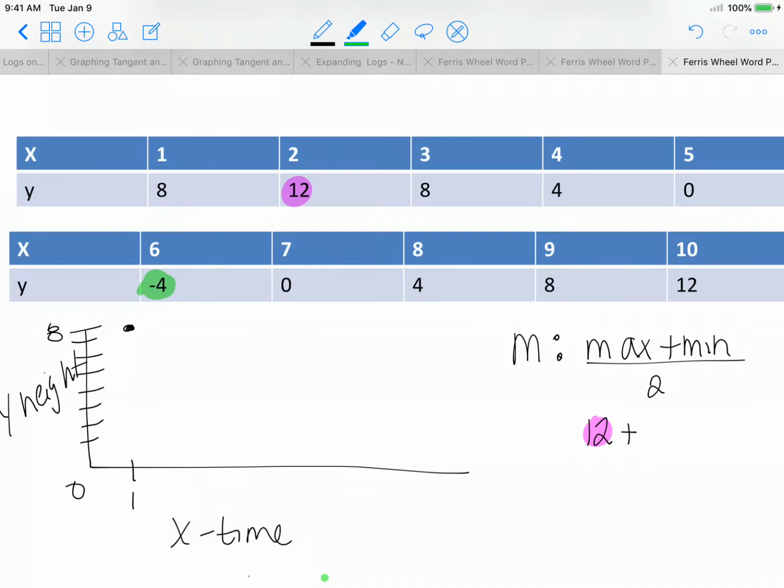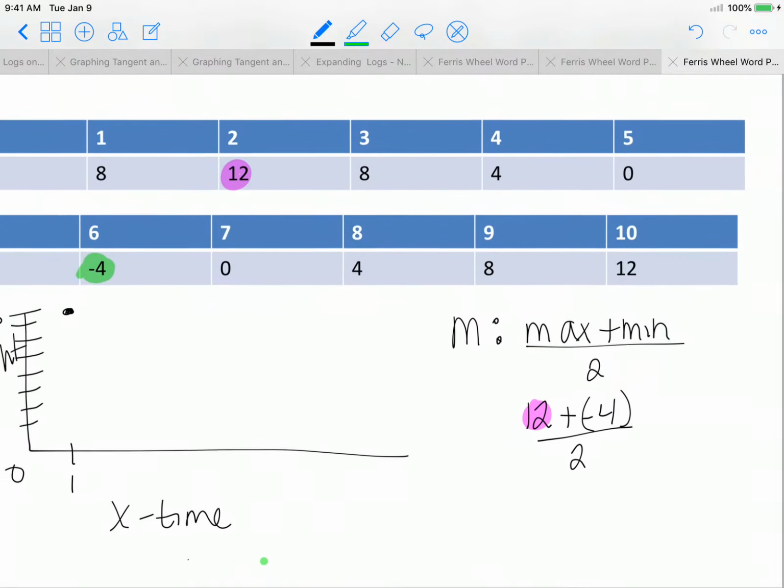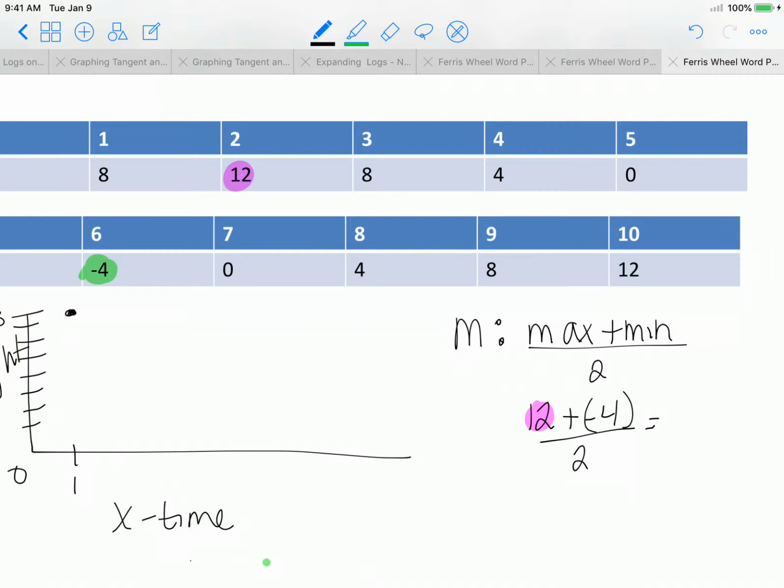No, I guess -4 is right. Okay, so 12 plus -4 divided by 2. So we get 8 divided by 2, which puts us at 4. So our midline is going to be y equals 4.